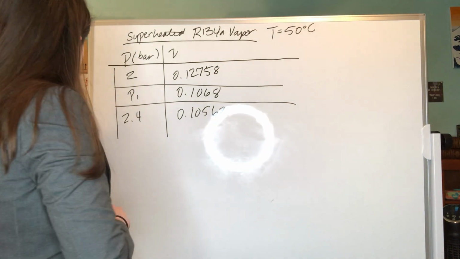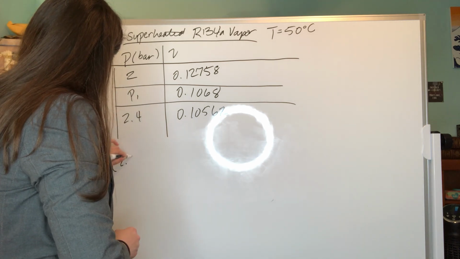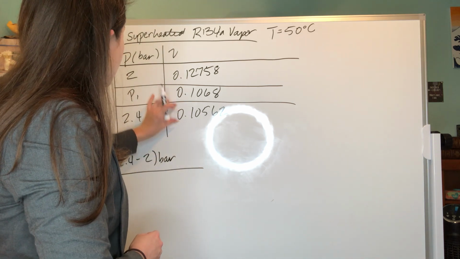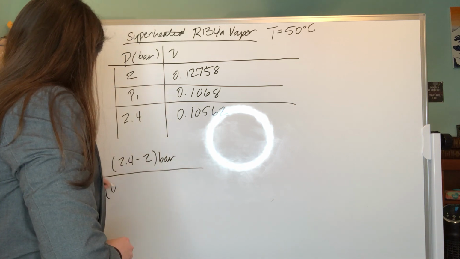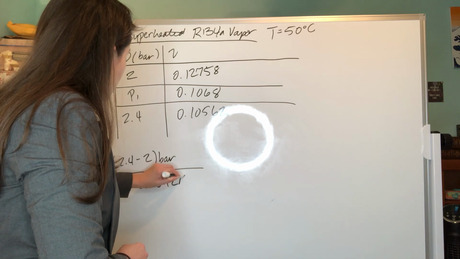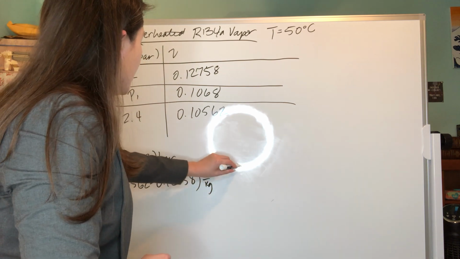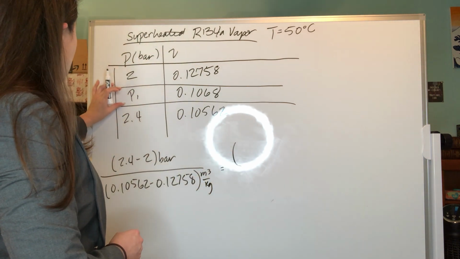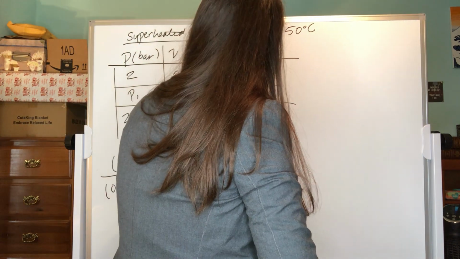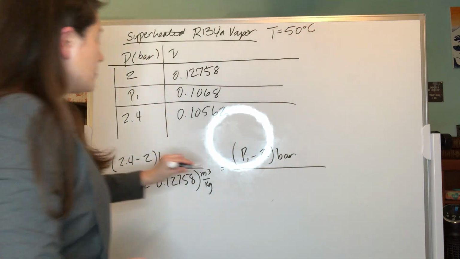So this is what you do. I'm going to do this pressure minus this pressure over this specific volume minus this specific volume, and set that equal to our unknown pressure minus this pressure, over our specific volume minus this specific volume.